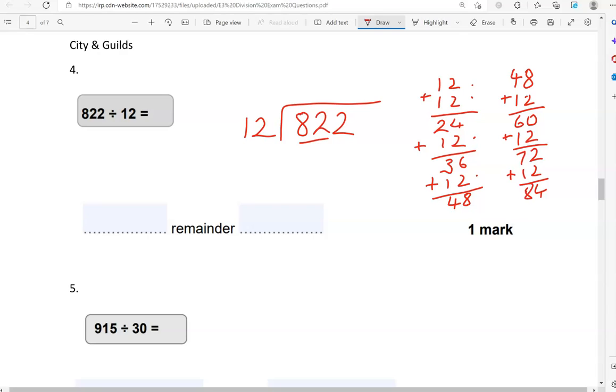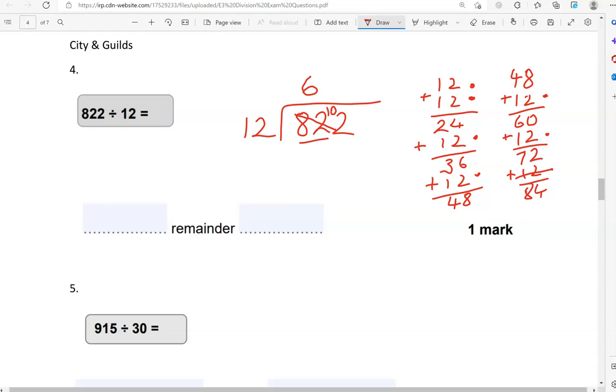So I can't add this last one. So how many lots of 12 have we added? 1, 2, 3, 4, 5, 6. We can't add this. So 6 lots of 12 gives us 72. 82 take away 72 leaves us with 10.